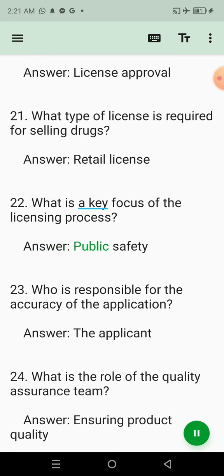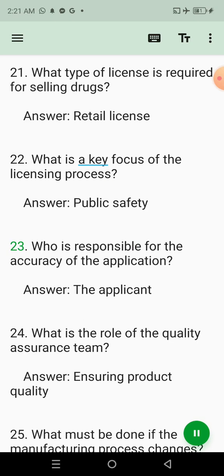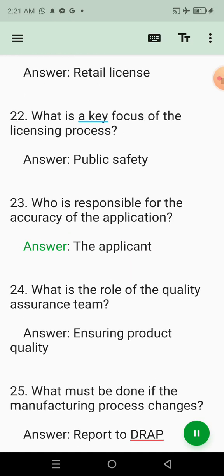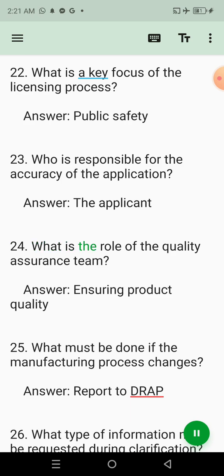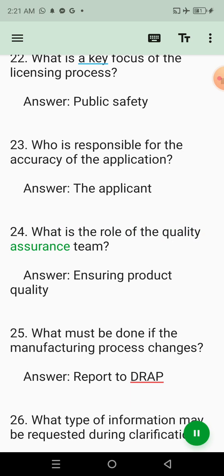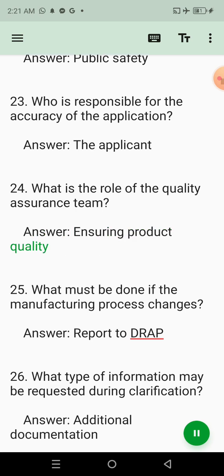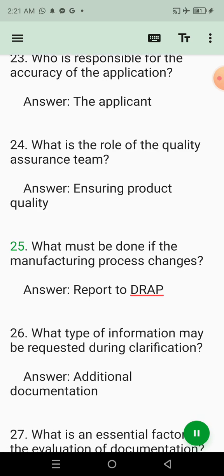Answer: public safety. 23. Who is responsible for the accuracy of the application? Answer: the applicant. 24. What is the role of the quality assurance team? Answer: ensuring product quality.